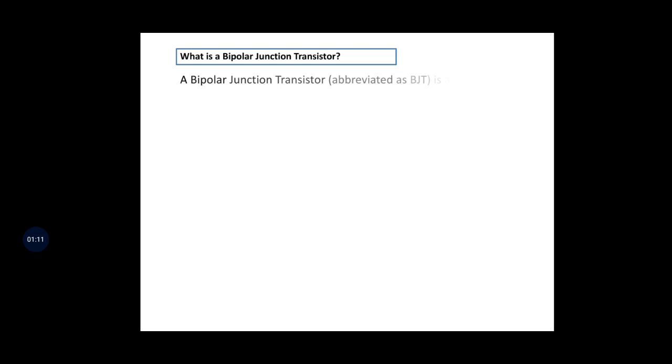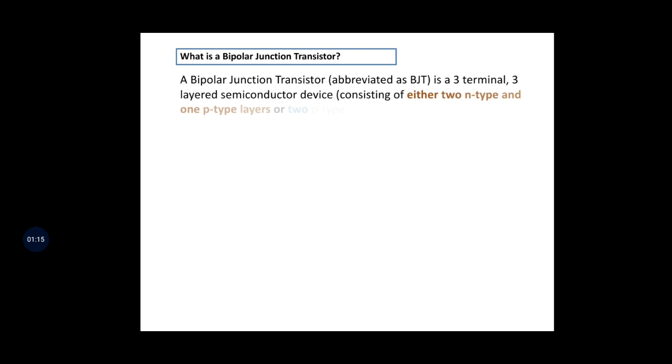Let us see. What is a bipolar junction transistor? A bipolar junction transistor, in short we call it BJT, is a three-terminal, three-layered semiconductor device.